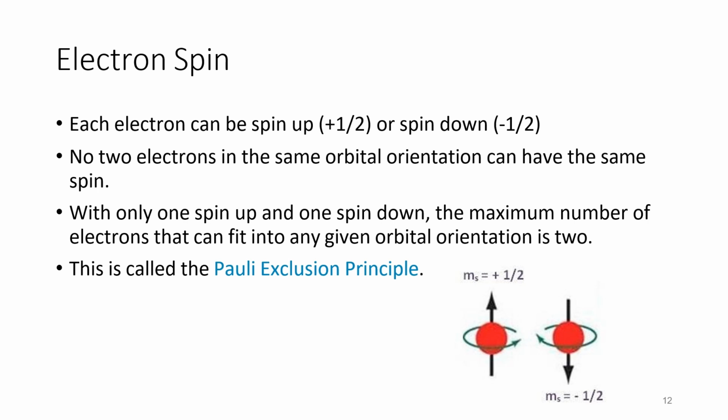It can spin in only two directions, which we call spin up and spin down. So, what is the Pauli exclusion principle? It states that no two electrons in the same orbital can have the exact same spin. You can see here, this is positive and this is negative.